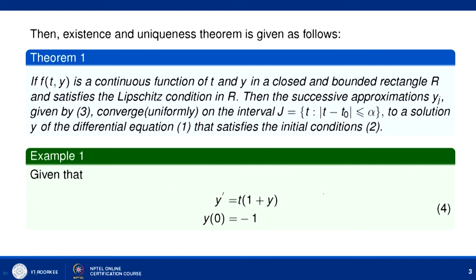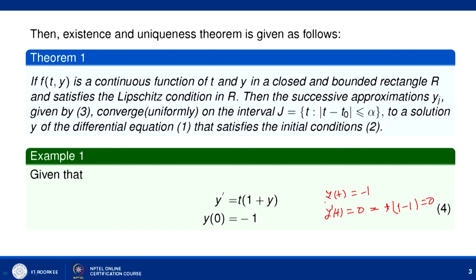If you look at y(t) equal to minus 1, then y'(t) is equal to 0, because it is a constant solution. And on the right side, it is given by t times (y + 1), which is t times (1 - 1), that is 0 here.